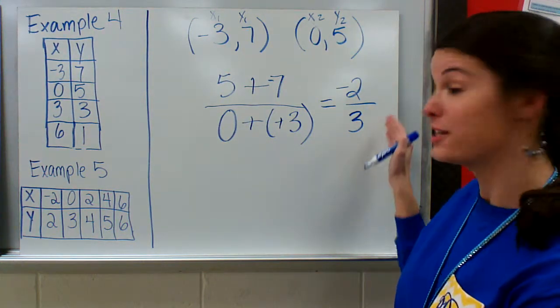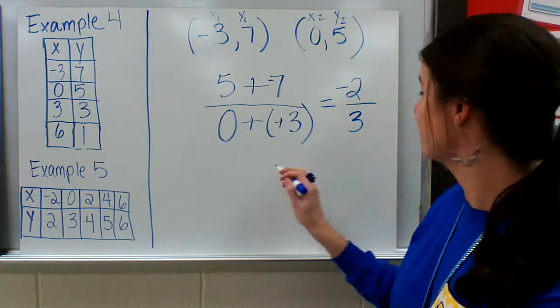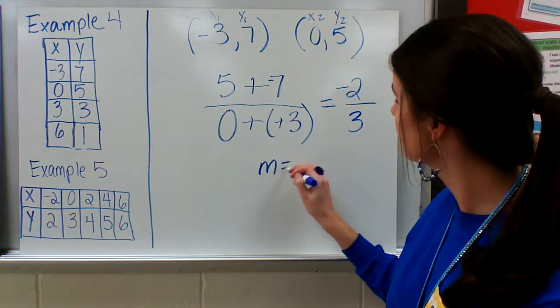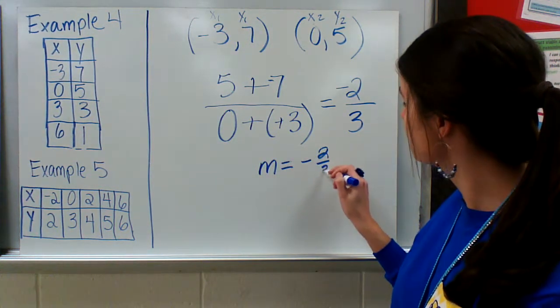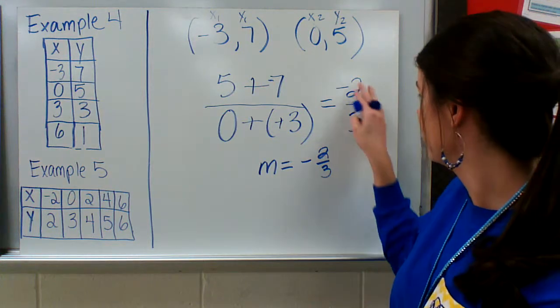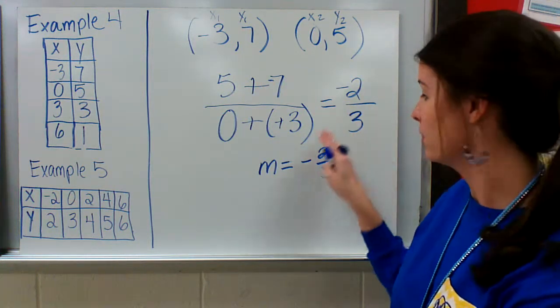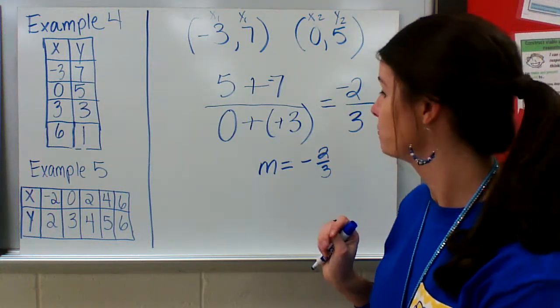This is already simplified, so our answer is m equals -2/3. Remember, m stands for slope. And when there's one number that is negative, the whole slope is negative.